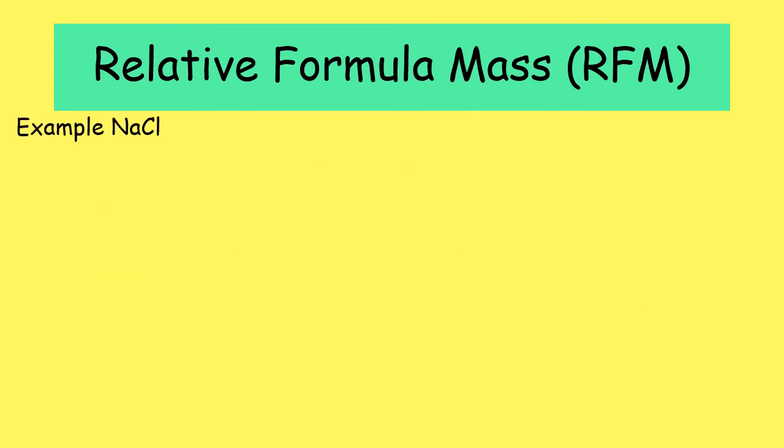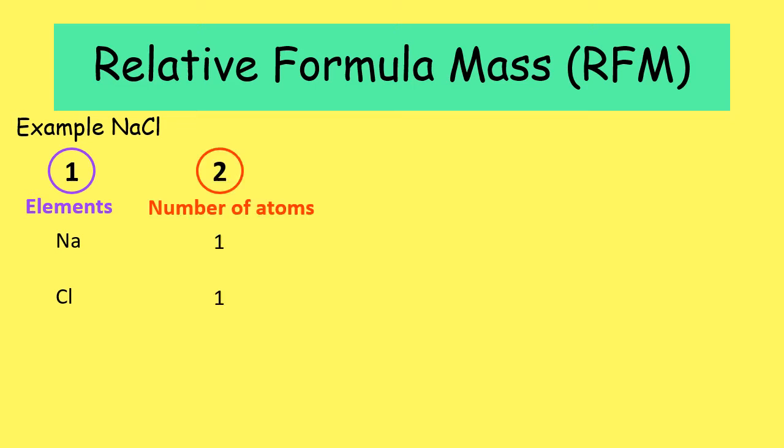So we'll start with our usual example, sodium chloride, NaCl. So the first step is, what are the elements? Well, in the formula, every time you see a capital letter, that is the start of a new element in the formula. So we've got Na, which is sodium, and Cl, which is chlorine.